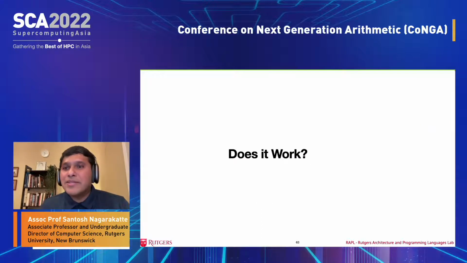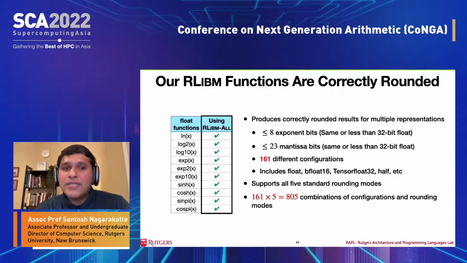Okay, so does it work? All this is like nice fiction, right? At the end of the day, what developers care about is: give me a library that is fast and is also correct. So what we have done is we have generated a set of 10 elementary functions that produce correctly rounded results for all inputs, such that your representation has at least 8 exponent bits, and for any number of fraction bits ranging from 1 to 23 bits.